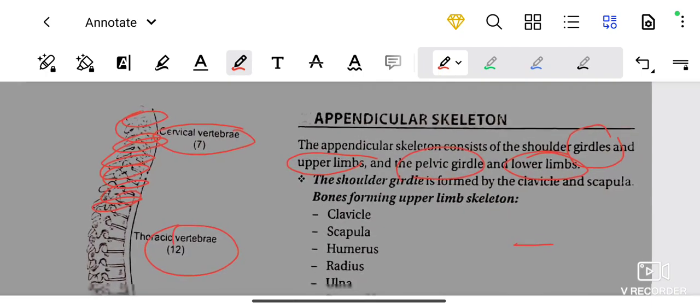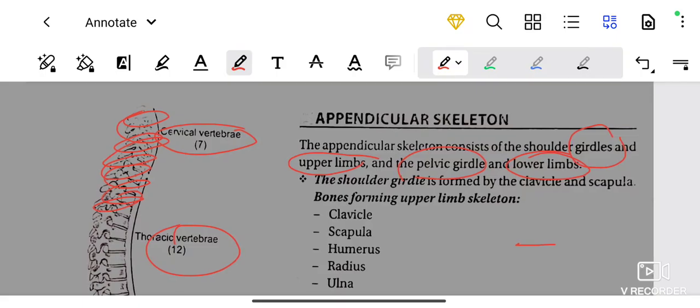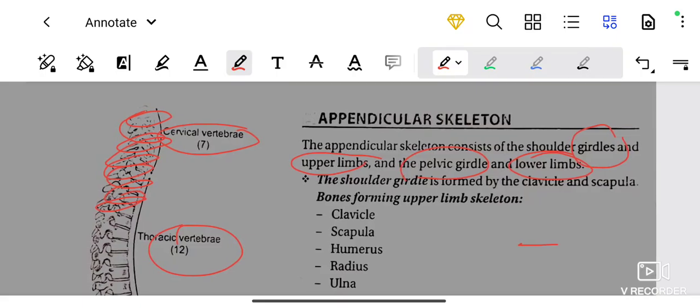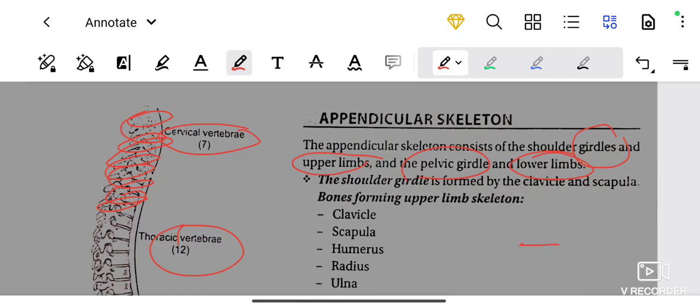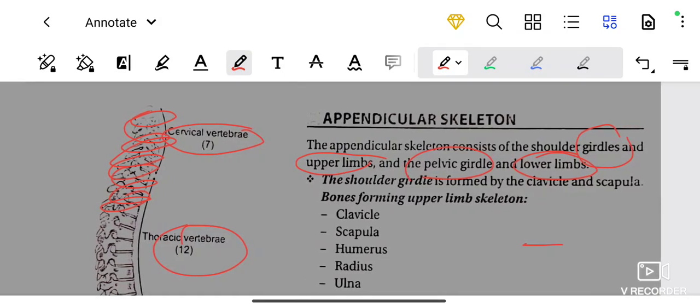The shoulder girdle is formed by the clavicle (collarbone) and scapula, forming the skeleton of the upper limbs.